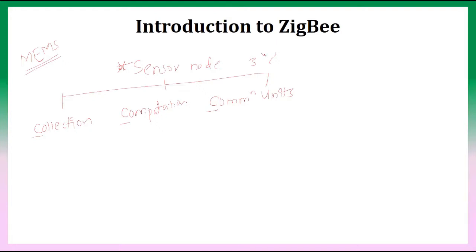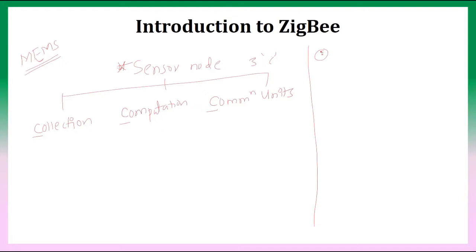Whenever we come to some kind of trouble, like whether to choose ZigBee or Bluetooth, today's topic is ZigBee. If I need to select reasons to use ZigBee, I would note them down.